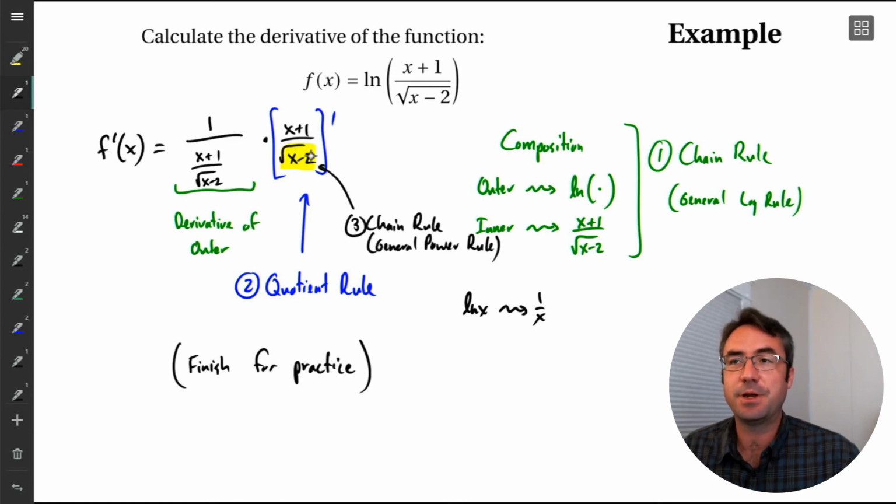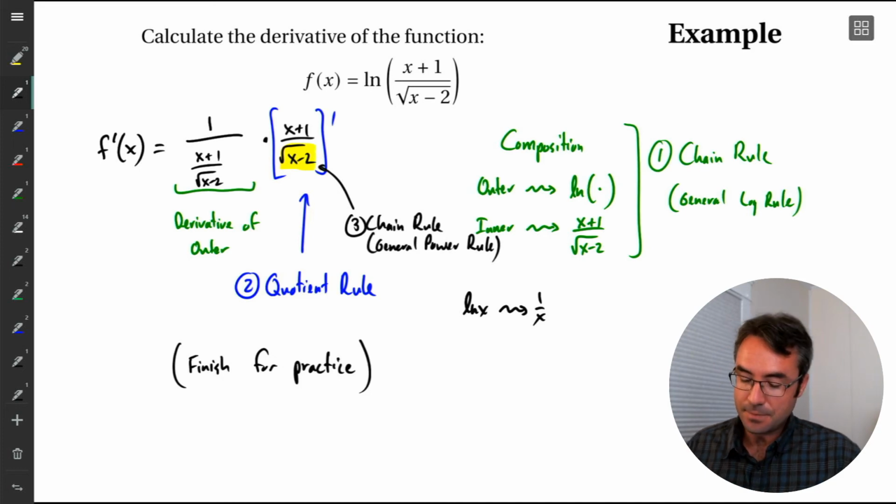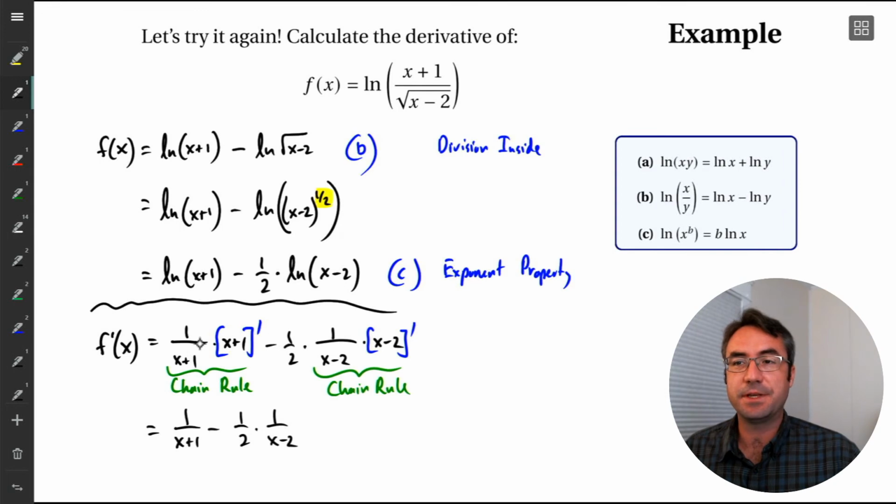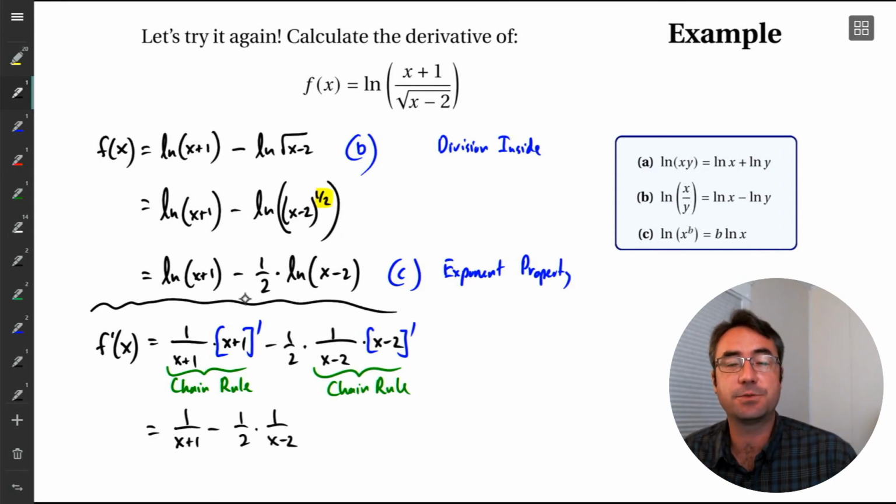And then we were going to have to do another general power rule to differentiate through the square root. So this thing was going to look pretty complicated. And instead, these log properties really simplified the process. It gave us a different version of our function, which was a lot easier to differentiate. So we only had to do these easy chain rules here.